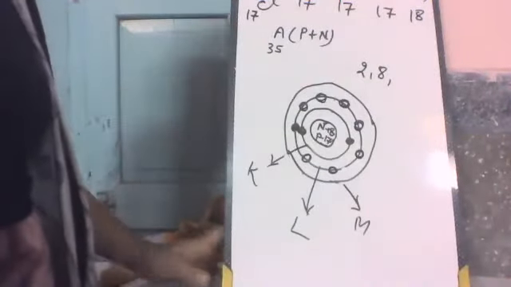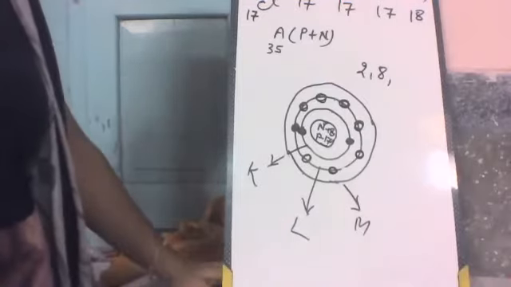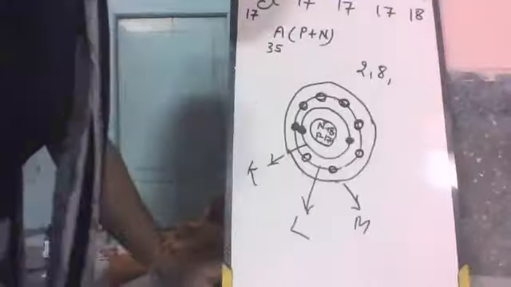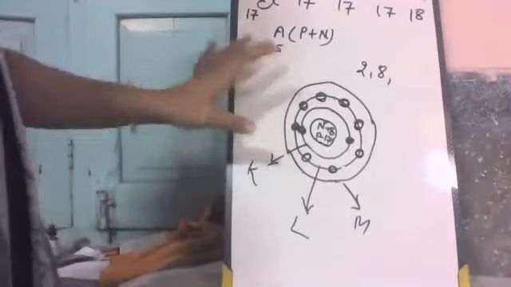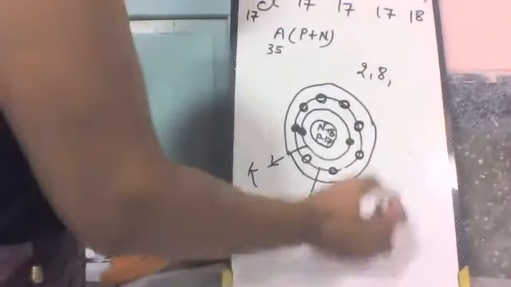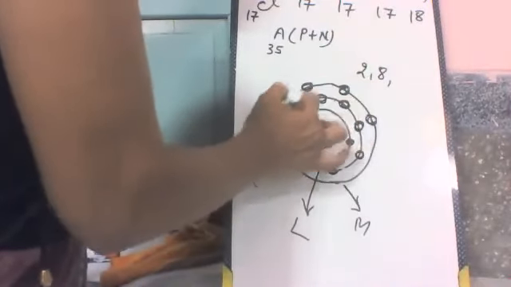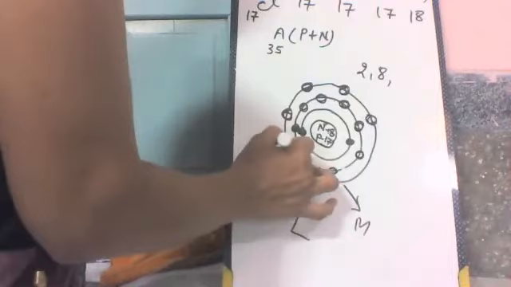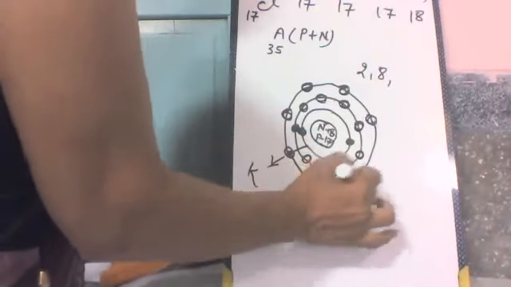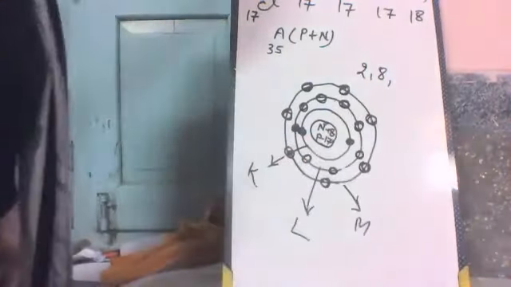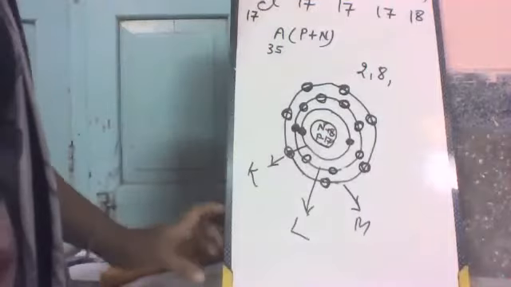Now, how many electrons are remaining? 7. So all these 7 electrons will take place in the M shell, the third shell. This is the atomic structure of chlorine.